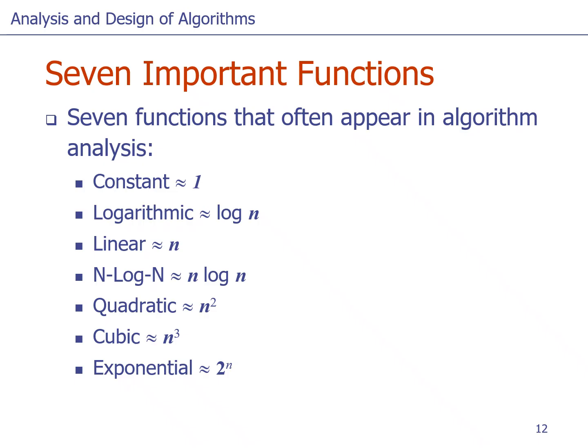Now, the number of actual steps done by a specific algorithm could be anything. It could be like 5n squared plus 23n plus 94, or it could be 16n plus 59 log n. It could be anything.